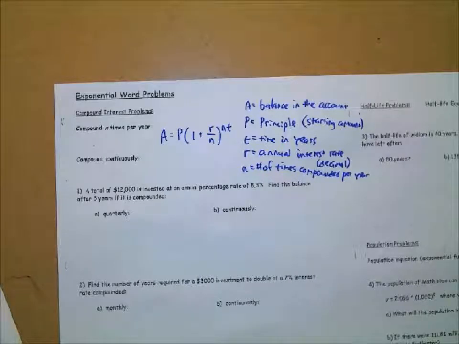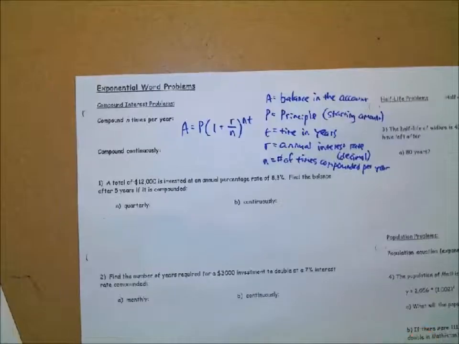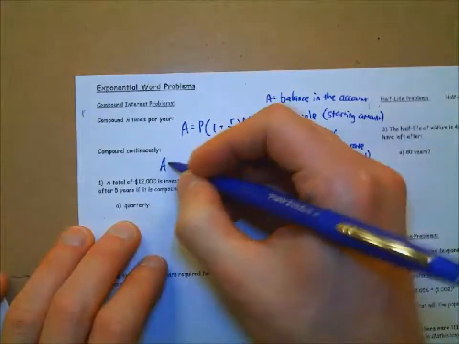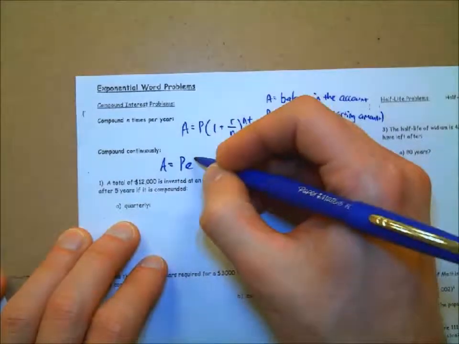So compounding n times per year is a finite number of times. However, there is a way to determine compounded interest if it's being compounded continuously. That means at every instant, at every moment, you are earning a slight fraction of that total interest rate for the year. The way that you calculate that is A equals Pe to the rt.